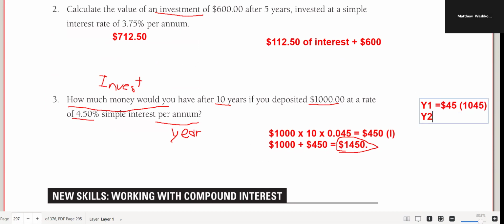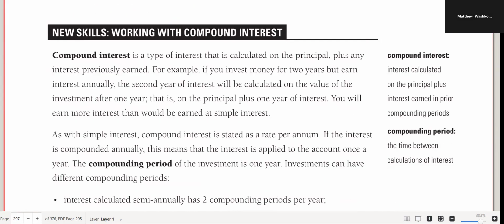But for year 2, I'm no longer calculating it on $1,000 principal. I have $1,045 in. So maybe now I'd get $46 of interest. So now I have $1,091. Now for year 3, I don't have $1,000 invested. I have $1,091 invested. So maybe now it goes up to $48, and so on and so forth. So that's what compound interest is here.